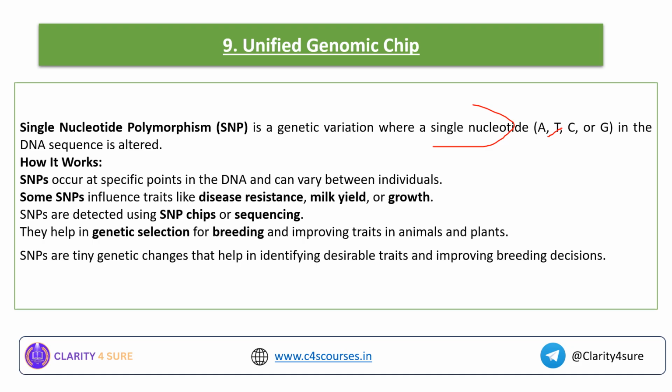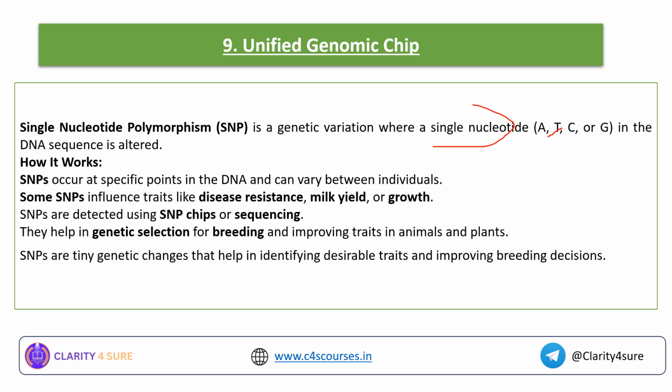Okay, so these single nucleotide polymorphisms in the gene will be identified using these SNP chips or genetic sequences, which in turn helps in genetic selection for breeding and to improve the traits in animals or plants. Okay, these SNPs are tiny genetic changes in the genomic sequence, which help in identifying desirable traits and improving breeding decisions.